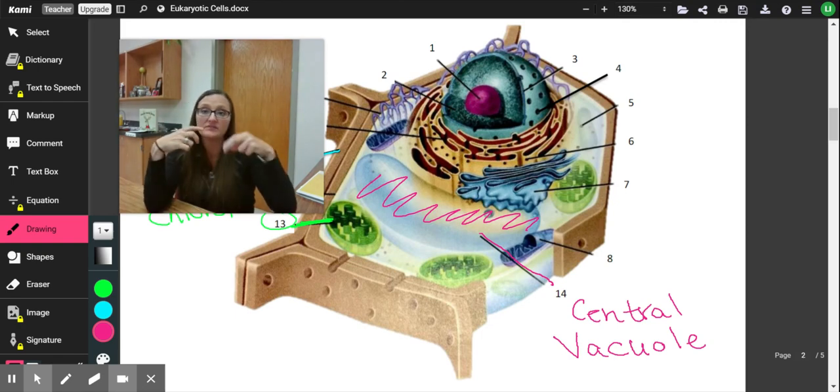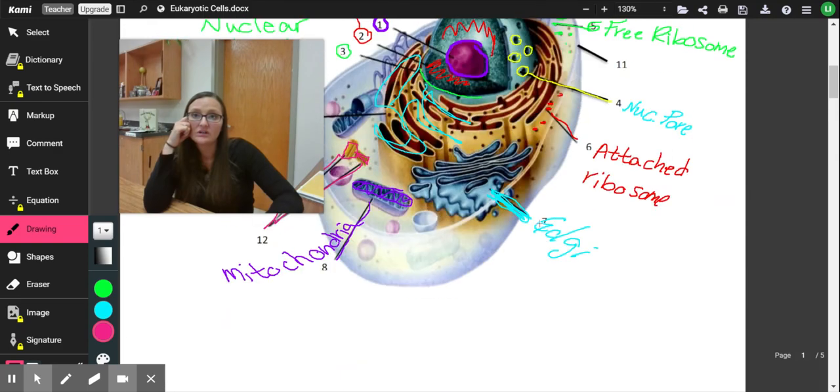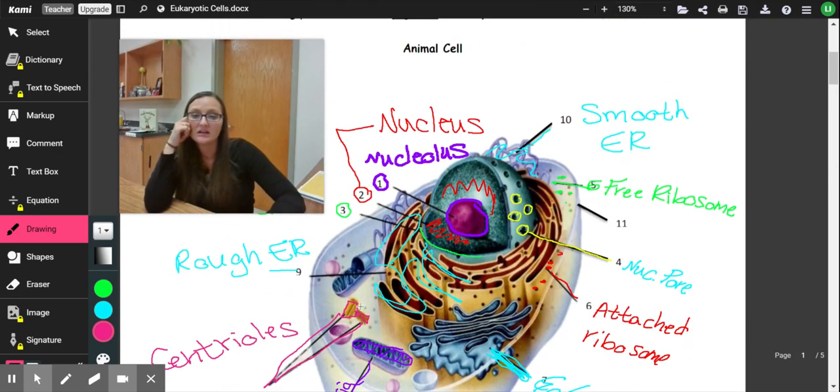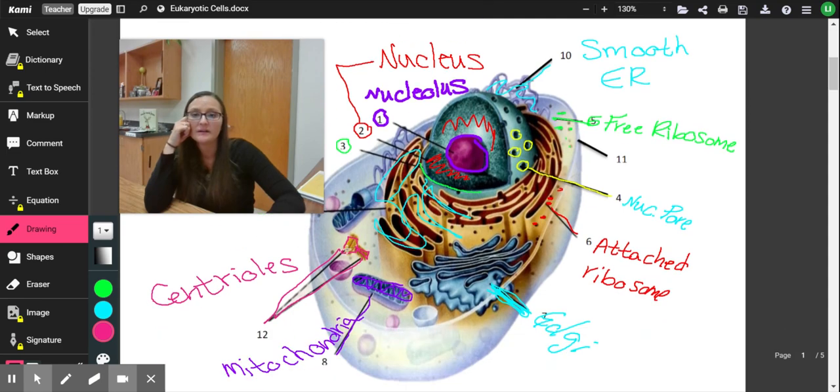And that makes it different than animals. Animals have centrioles, which is the pink and the little pasta-looking things right here. That is something that plants do not have. And so animals have one thing that plants don't have, and plants have three things that animals don't have. And so those are the main differences between plant and animal cells.